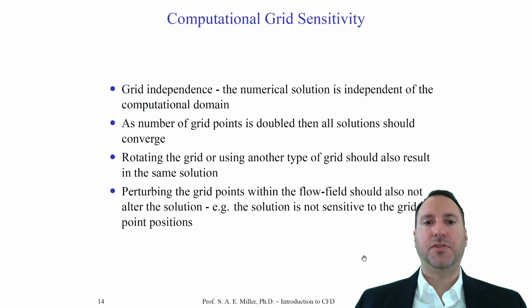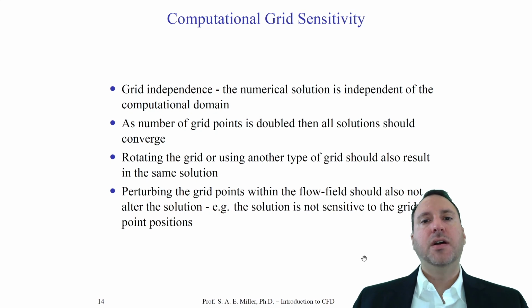You can have two solution files or databases from a solver with the corresponding computational grids, and you can simply compare the two. If they are the same, then you have a grid-independent solver. You might use more advanced mathematical methods to prove this to the user, at least numerically. Remember, if you double the number of grid points and the solutions are the same and they converge, then you do, of course, have a grid-independent solution.